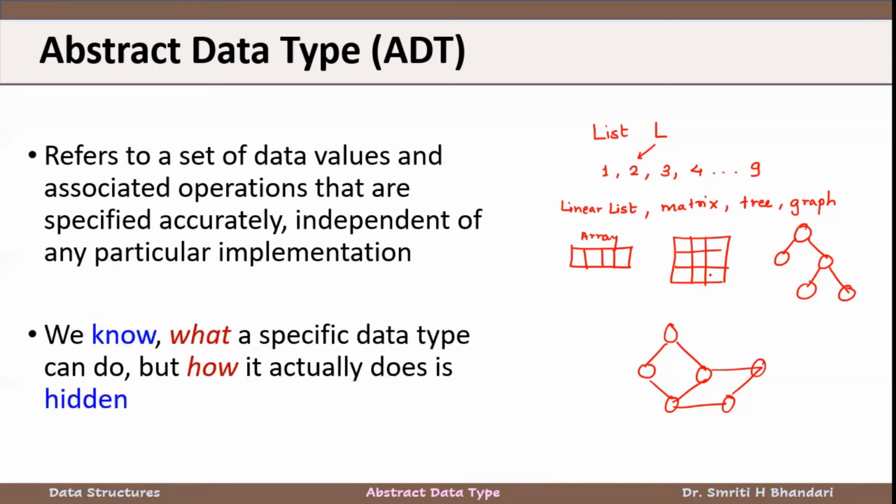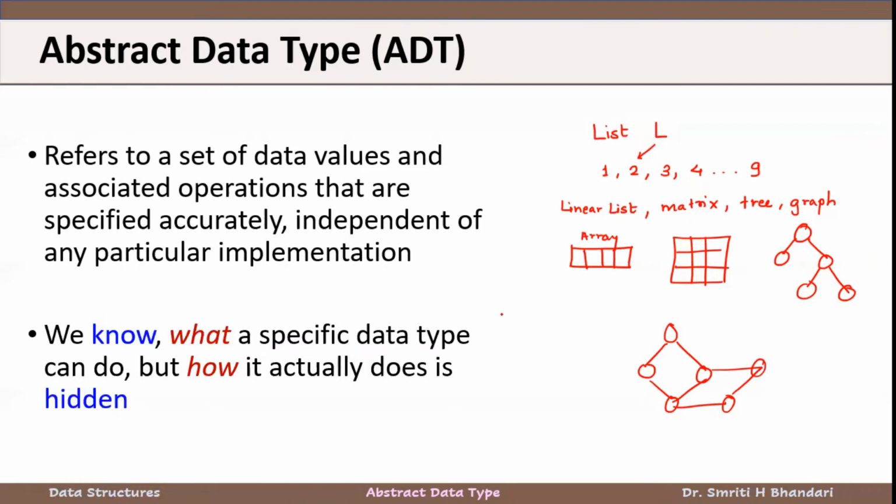So in brief, we may say that we know what a specific data type can do, but how it actually does is hidden.